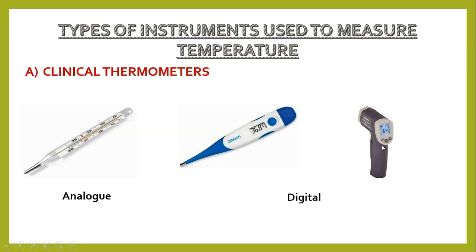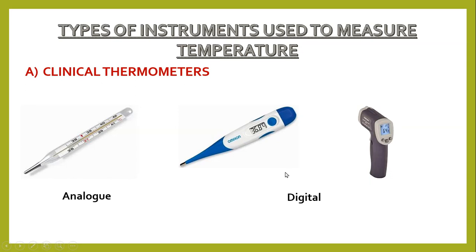But this one does not need direct contact. It is placed at a distance, preferably less than a meter, about 30 or 50 centimeters away from the body of the patient, and uses infrared to record the temperature. This one too is gradually replacing this one, all in the name of technology.